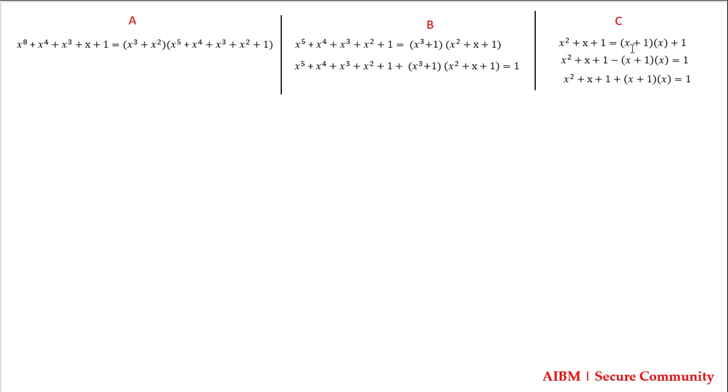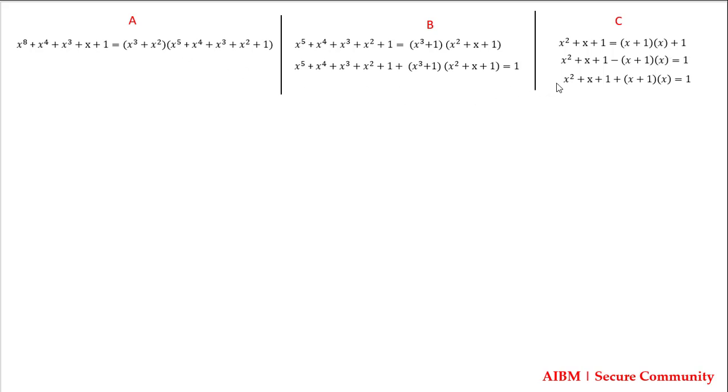First we will go to the C operation, then we will transfer these equations to this side, and the result will be like this: x^2 + x + 1 minus (x + 1) multiplied by x equals 1.